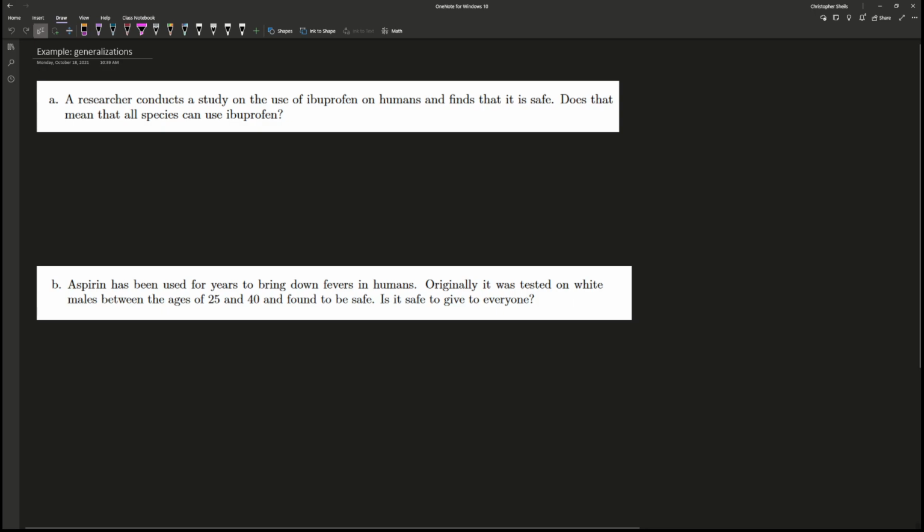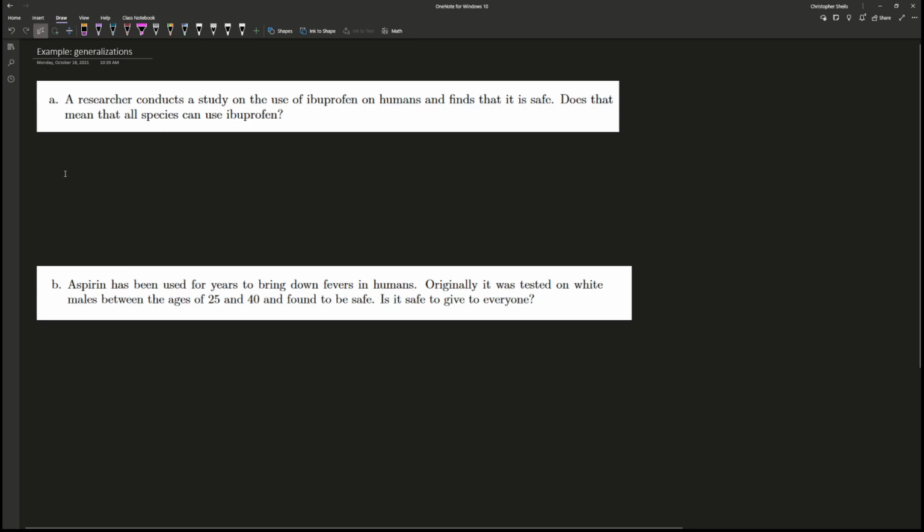And a couple more examples. A researcher conducts a study on the use of ibuprofen on humans and finds that it's safe. Does this mean that all species can use ibuprofen? No. Some things are toxic to different species, right?